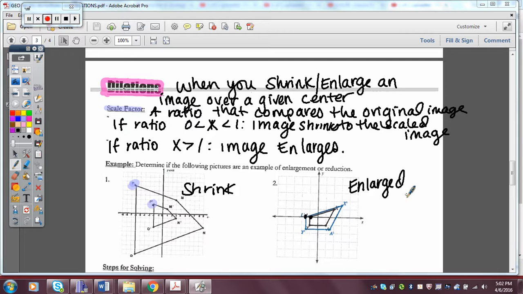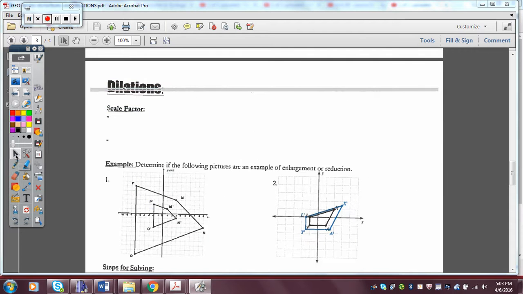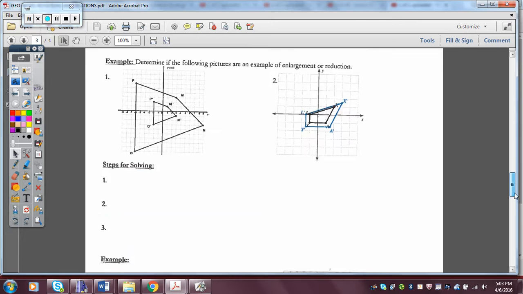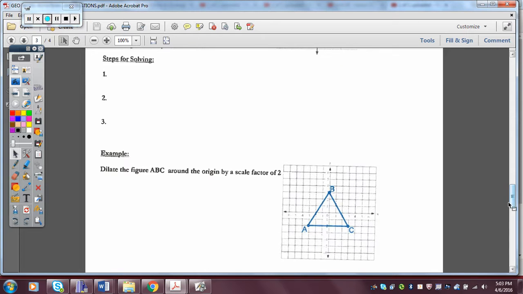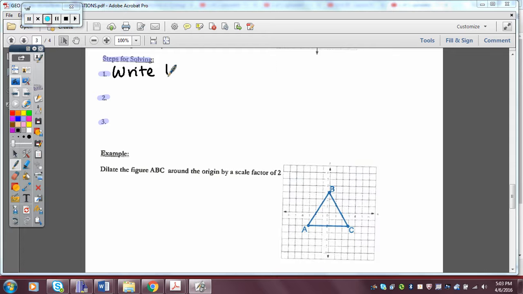Okay. So let's now talk about the steps for solving a dilation type problem. You're going to like these, they're not too bad at all. 3 steps. Write down ordered pairs of original image.